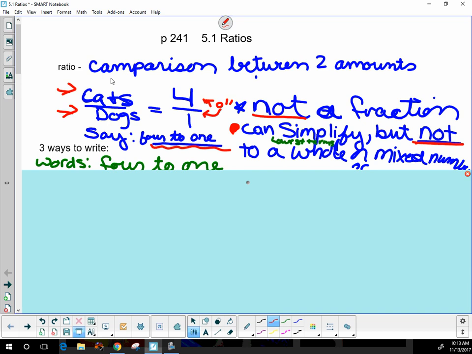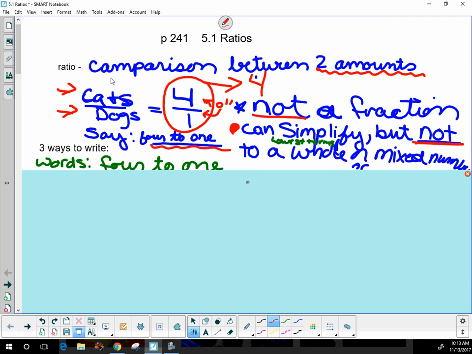Okay, so if I were to take this idea as a fraction and simplify it, this would clearly simplify, dividing the top by the bottom, to 4. How is 4 a comparison to anything? 4 is just one amount, and if you look in the definition of ratio, it clearly says it's two separate amounts.